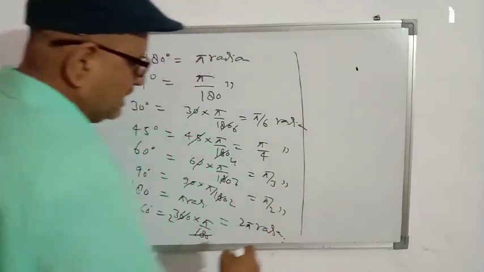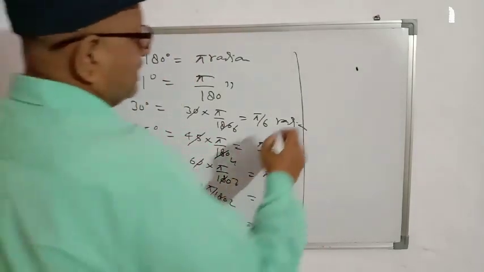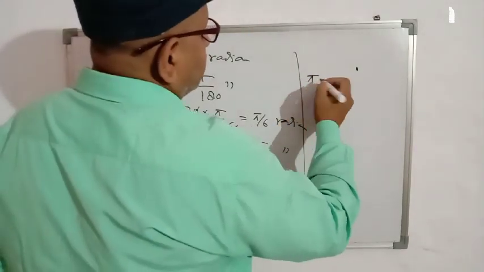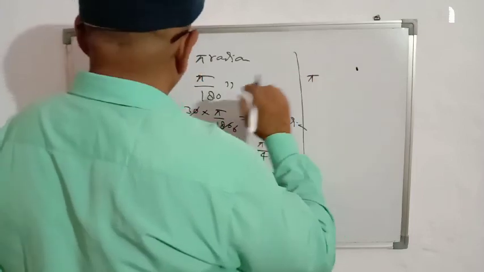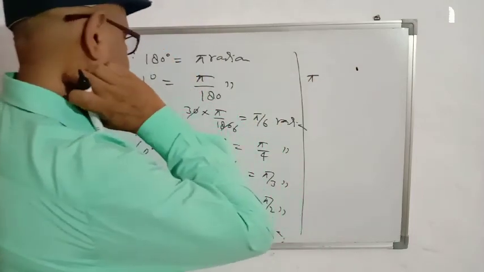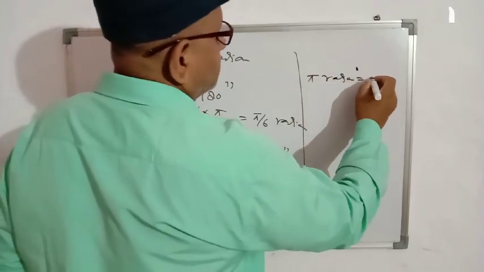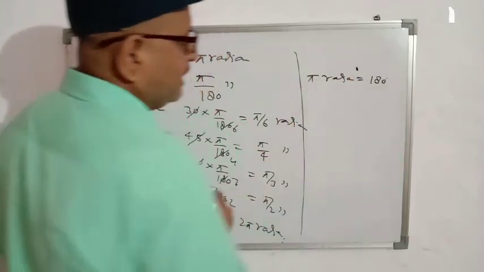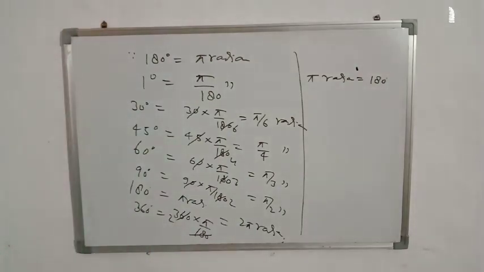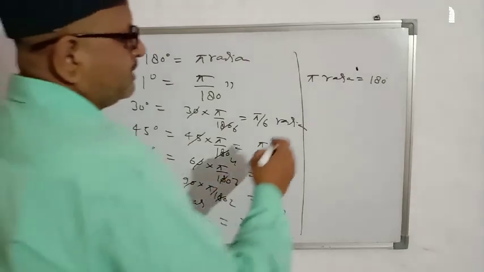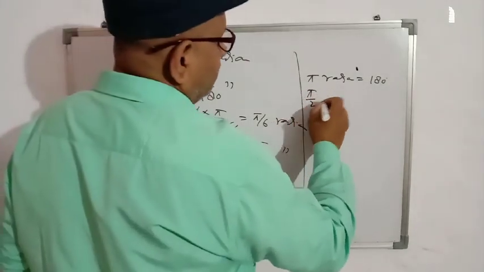And how can we change radian into degree? Pi radian is how much? Pi radian is equal to 180 degree. What will be pi by 2 radian?